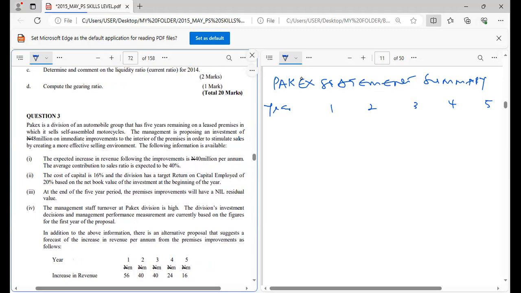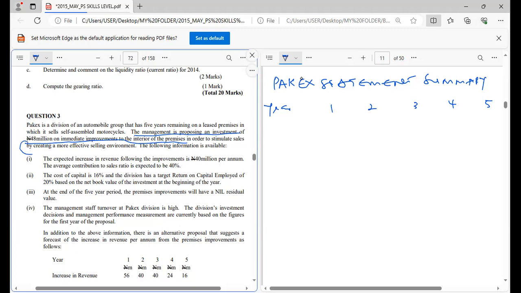The expected increase in revenue following the improvements is 40 million per annum. And here, the management is proposing an investment of 48 million on immediate improvements to the interior of the premises in order to stimulate sales by creating a more effective selling environment.